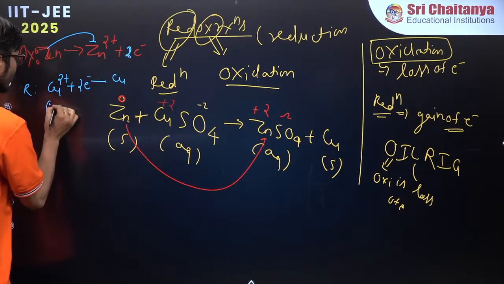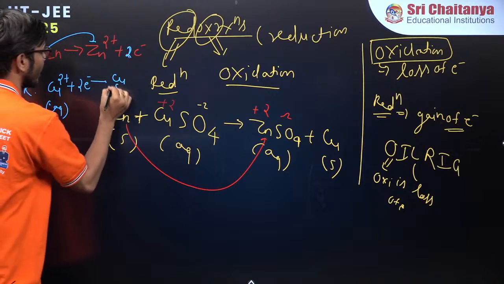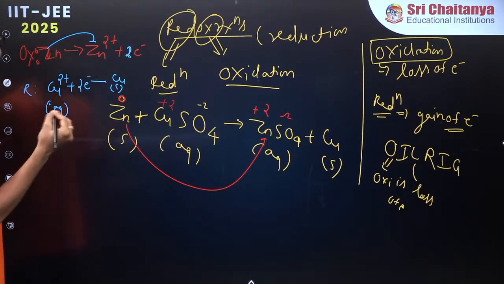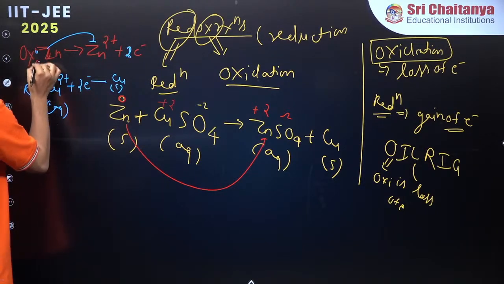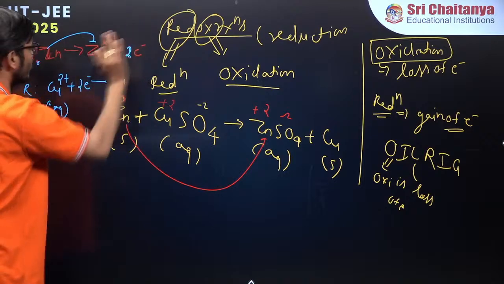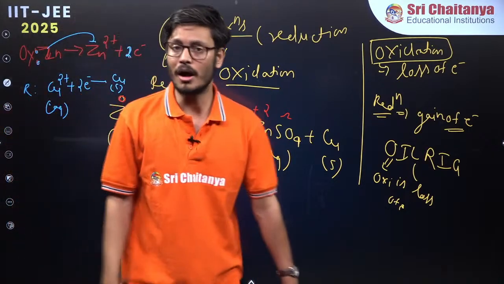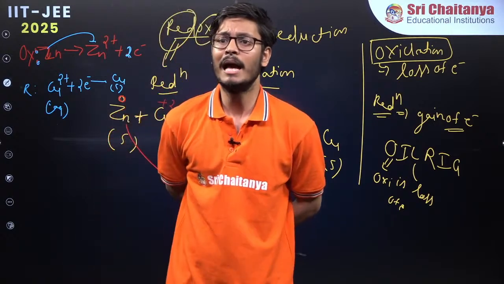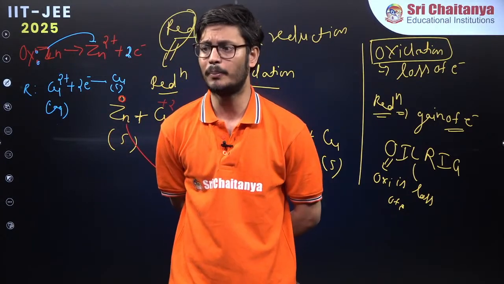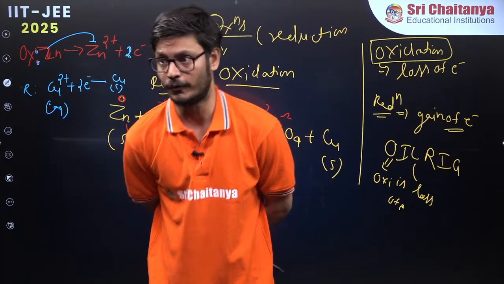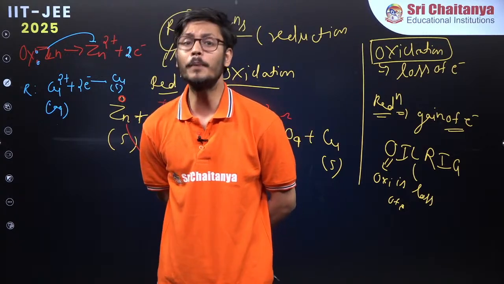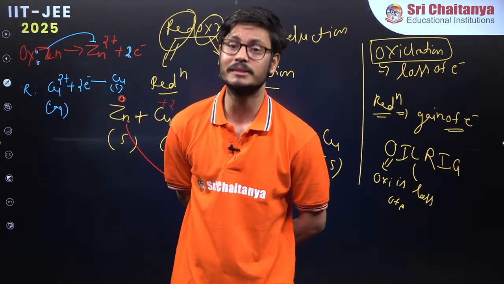Initially this was in aqueous medium, it has been converted to solid. So in oxidation, loss of electron happened, and in reduction, gain of electron happened. That is the more precise definition of oxidation and reduction.